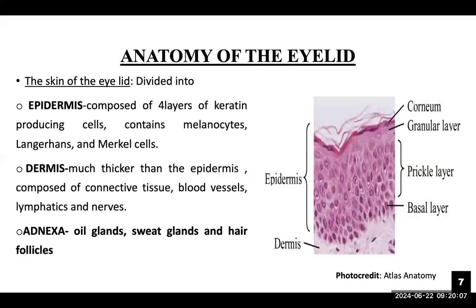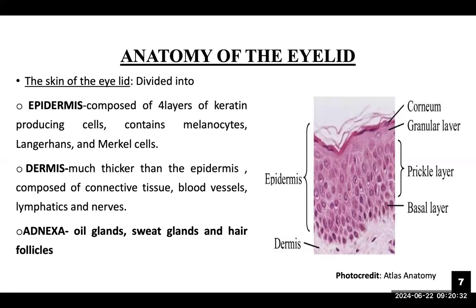Now, the skin of the eyelid can be divided into the superficial part, which is the epidermis, and the deeper part, which is the dermis, and the adnexial structures. The epidermis is composed of 4 layers of keratin-producing cells. It also contains melanocytes, Langerhans cells, and Merkel cells.